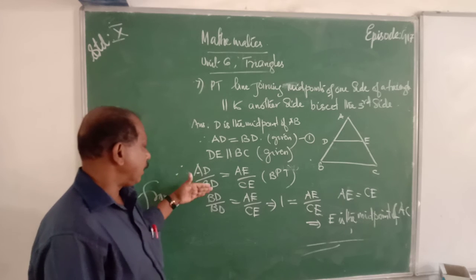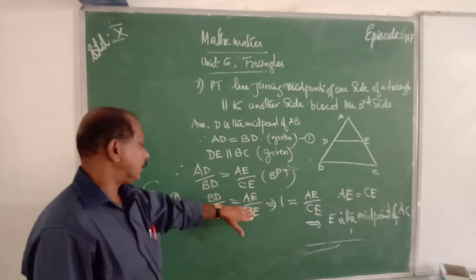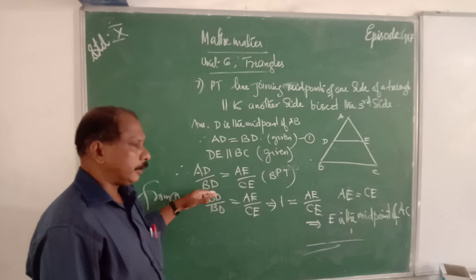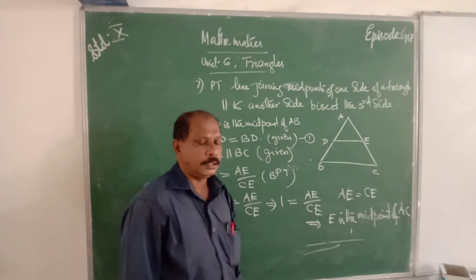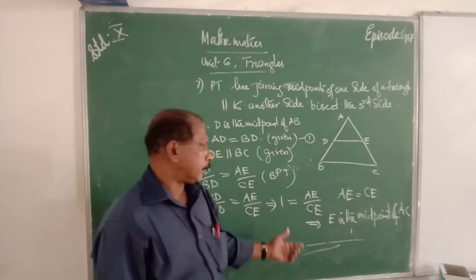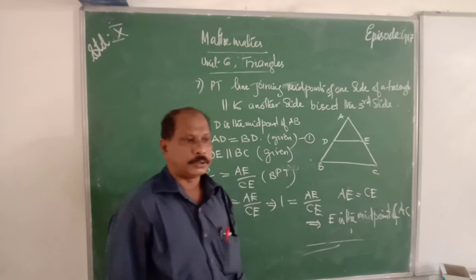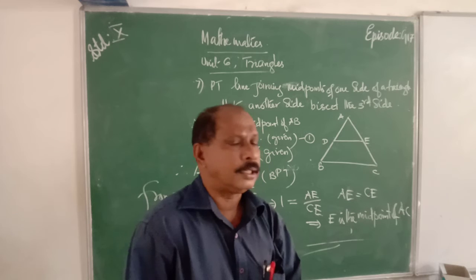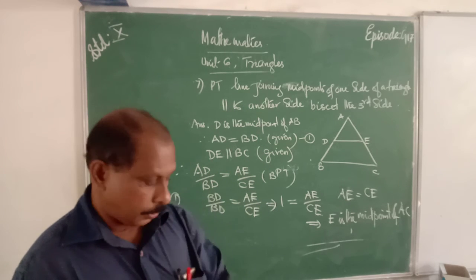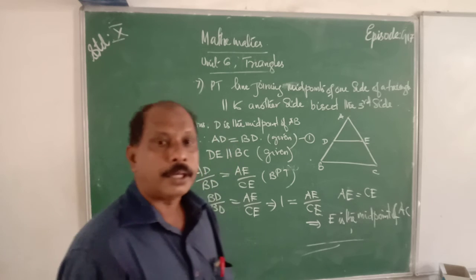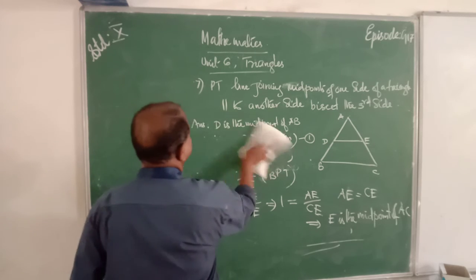Therefore, BD by BD is equal to AE by CE. BD by BD is 1, so 1 is equal to AE by CE, which implies that by cross multiplication AE is equal to CE. AE and CE are equal means E is the midpoint of AC. That is the next question.